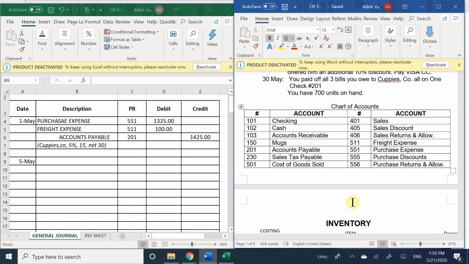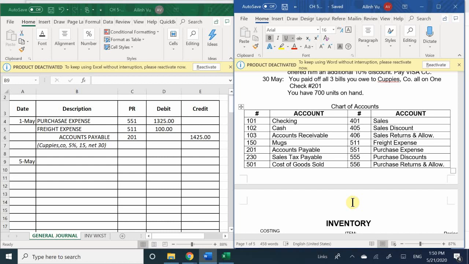Now, what is purchase returns and allowances? Are we going to debit that, or are we going to credit that? Debit it. Why debit? Because we're giving it back.